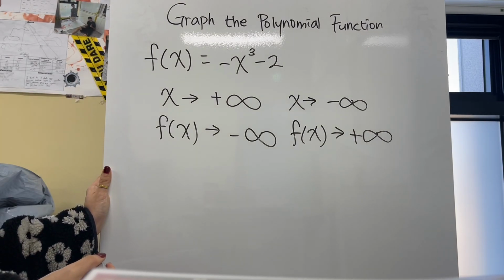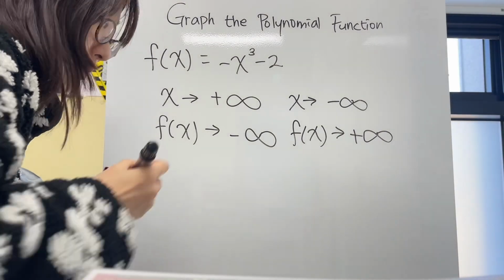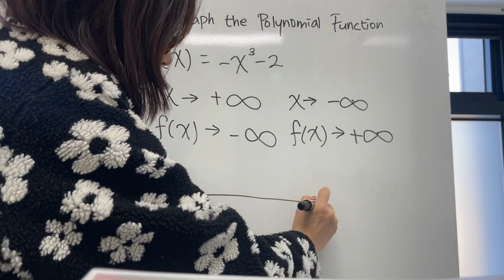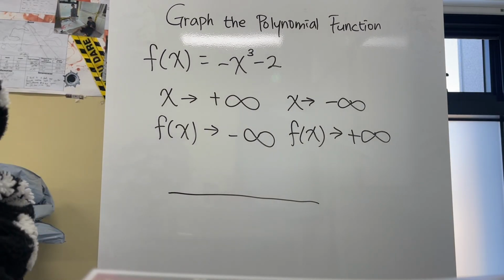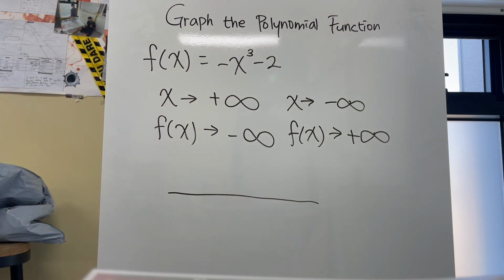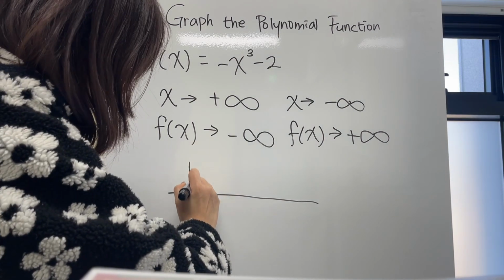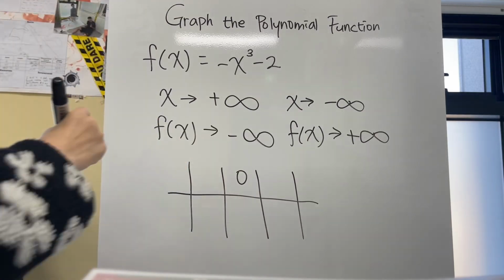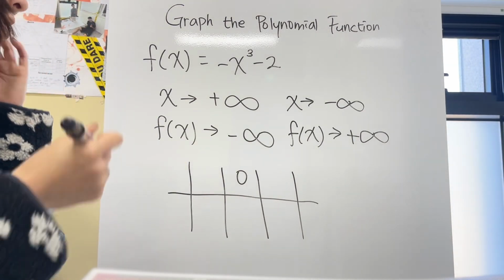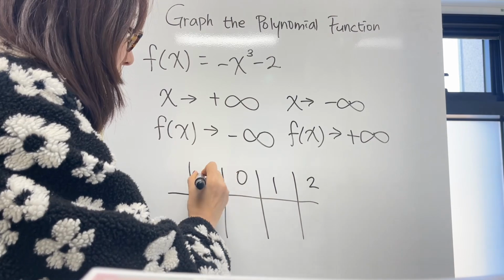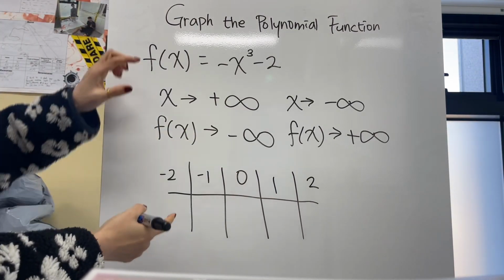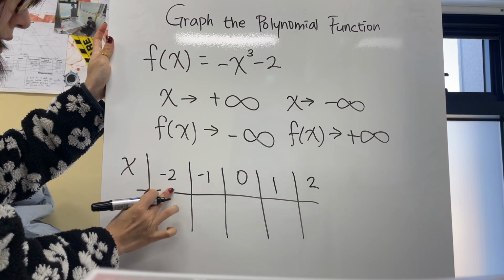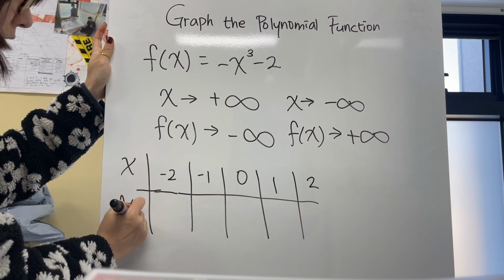Right, so now that we got that out of the way, we can go ahead and create a very simple table. So I'm going to substitute 0, 1, 2, -1, -2. So these are my x values, and these would be my function of x.